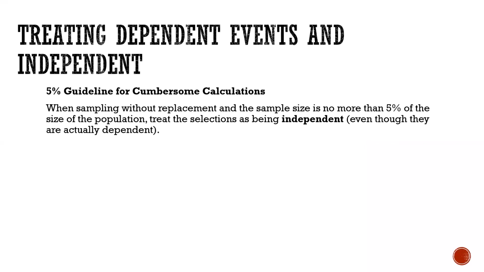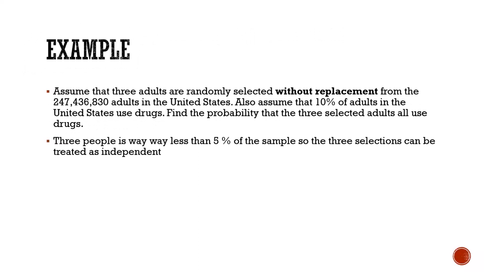What do I mean by that? Okay, so there are about 250 million adults. 10% of them are drug users. What's the probability that all 3 of them use drugs? Well, these are technically dependent events, right?